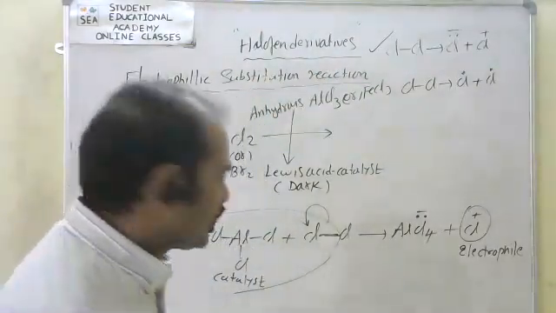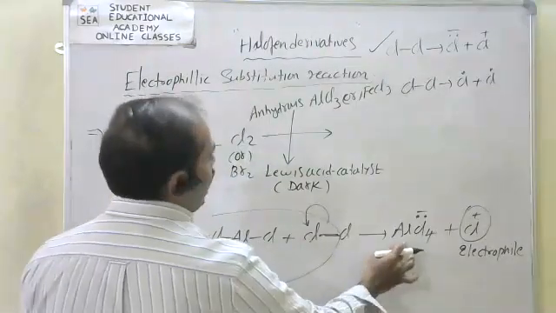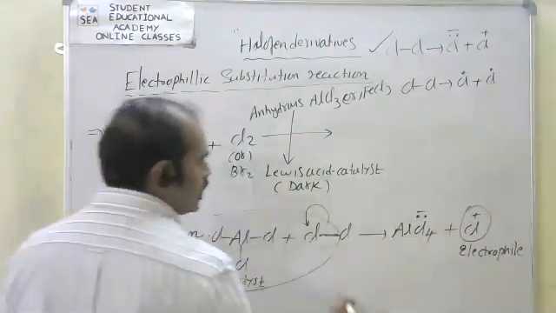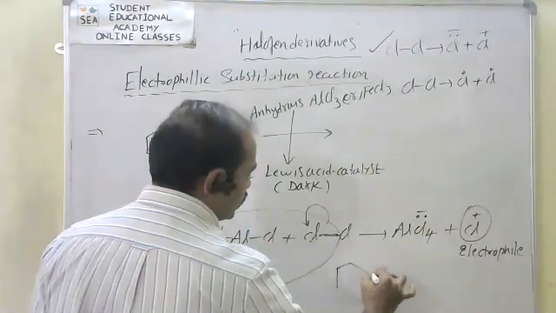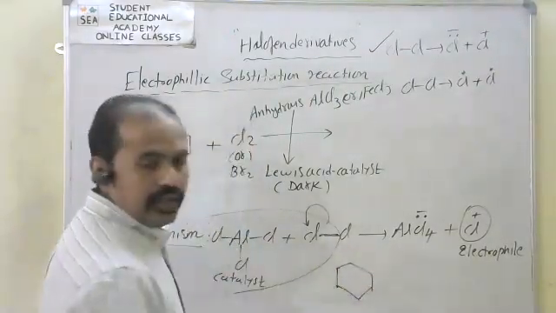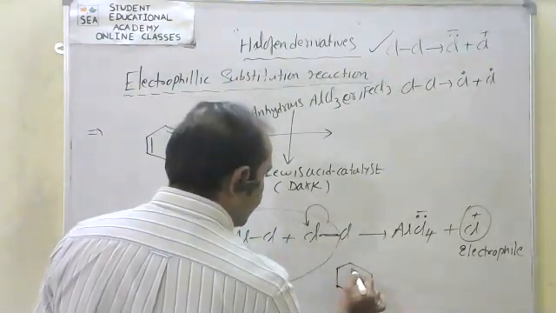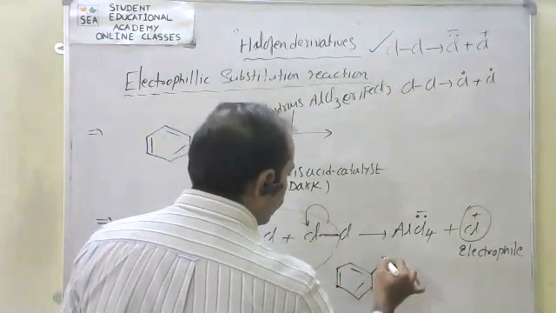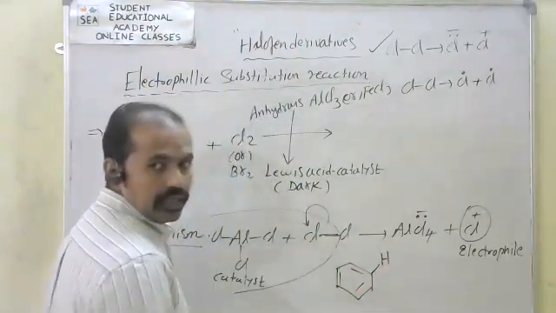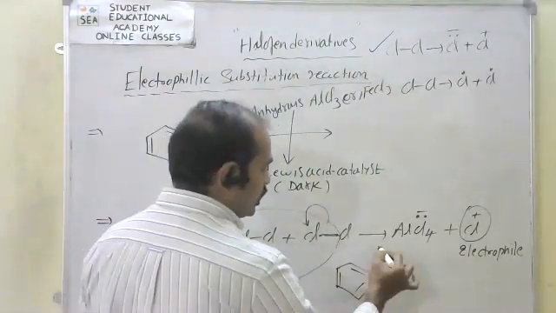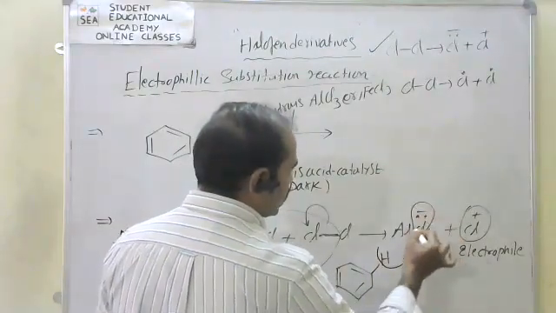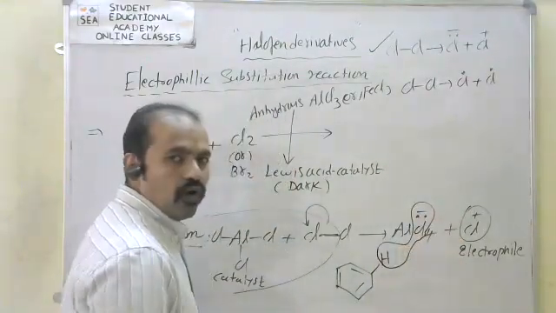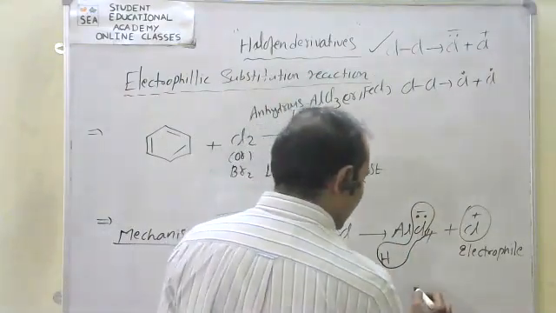How does it substitute? See. Now this AlCl4 minus is near the benzene. On benzene, anywhere there is one hydrogen. The H plus combines with the Cl minus to form HCl.